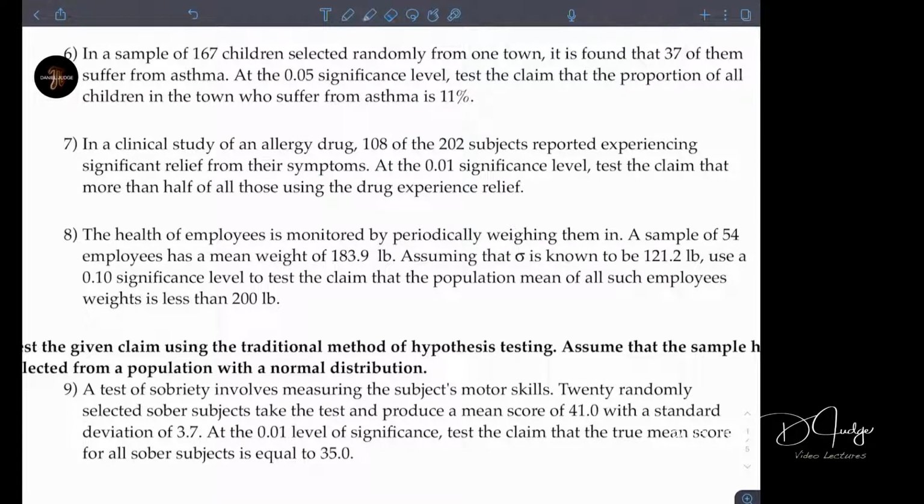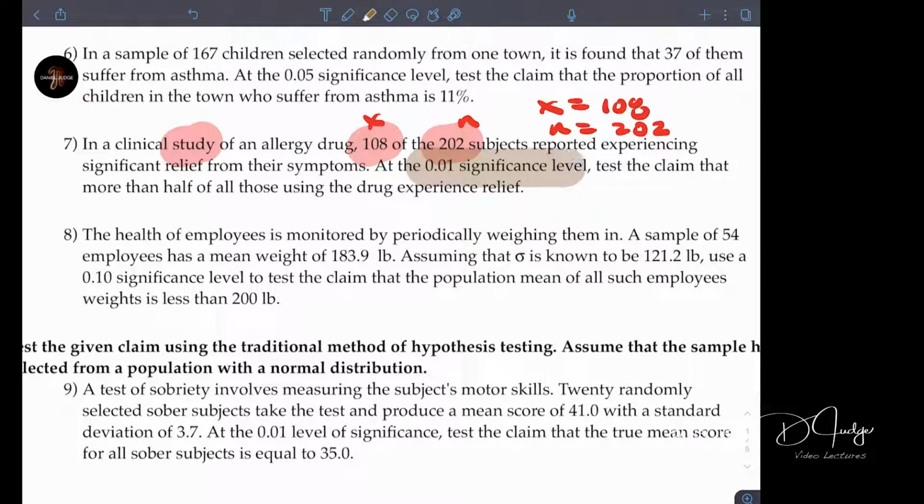Okay, so a study, ladies and gentlemen, is a sample, and they're testing an allergy drug. That's fantastic. If you have allergies, you say, oh my God, let there be some great drugs out there for them. And they are. This comes from a sample. So they had 108 successes out of the 202 people. Okay, they have relief. Use the 1% level of significance.